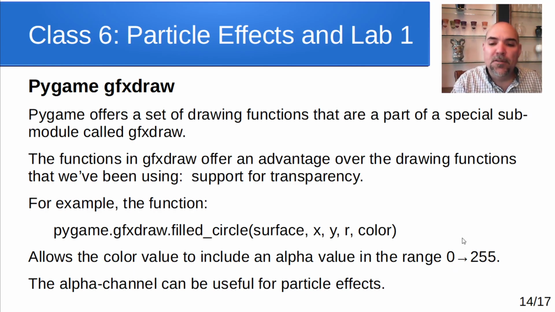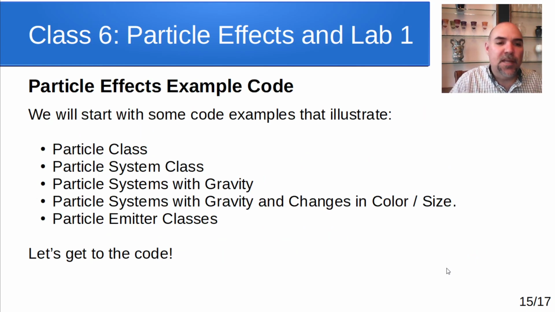But this ability to have an alpha channel can be particularly useful for particle effects. Like imagine smoke, where as the smoke cloud grows, you want to be able to see through that smoke to see what's behind it. Or you might think of it as even sparks. They make like a glowing trail as they move, but you can kind of see through that glowing trail. So alpha channel, particularly useful for particle effects, and we're going to look at using that.